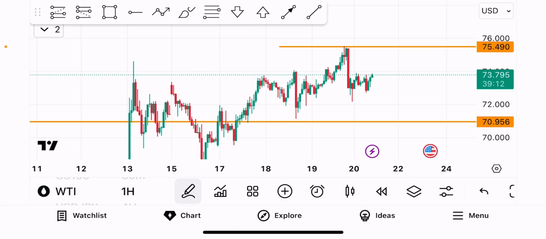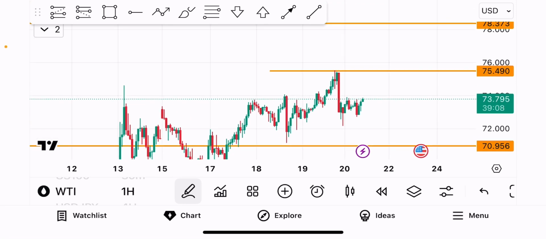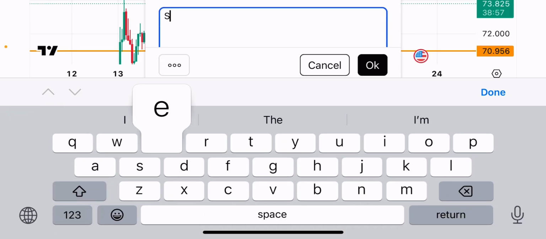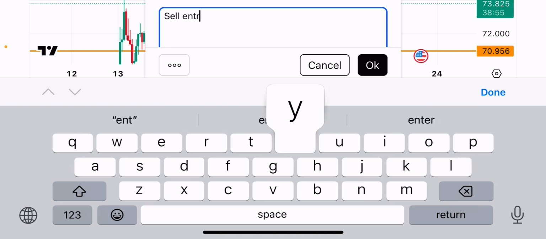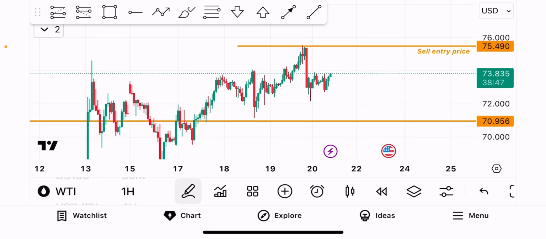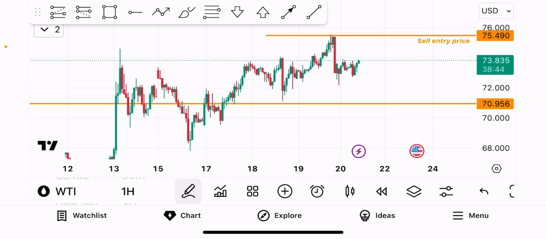I hope you enjoyed the analysis, and just to finalize it, if we possibly gain entry around the $75 level, which is here as our sell entry price, we're likely going to have here as the take profit level.